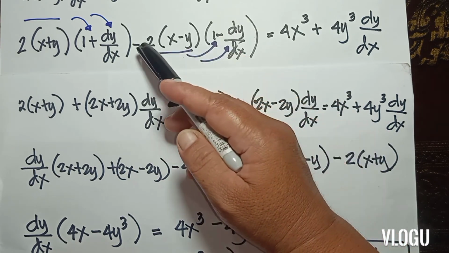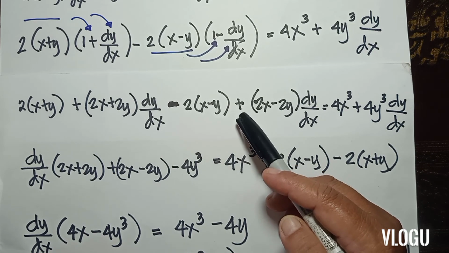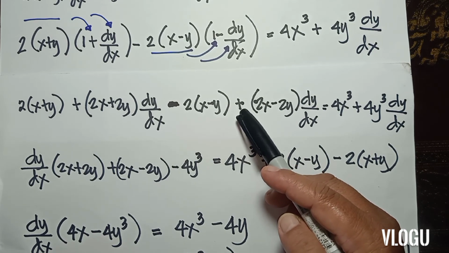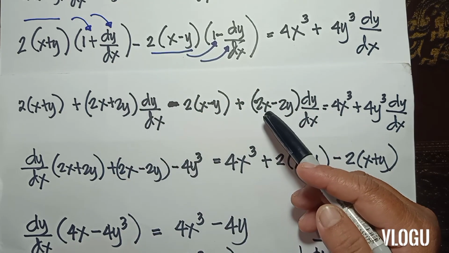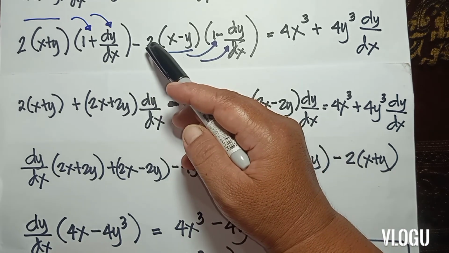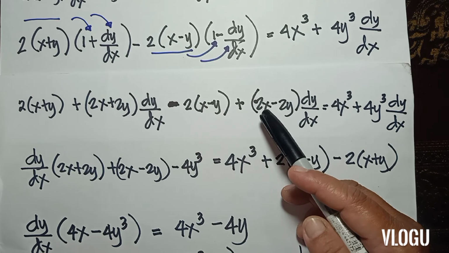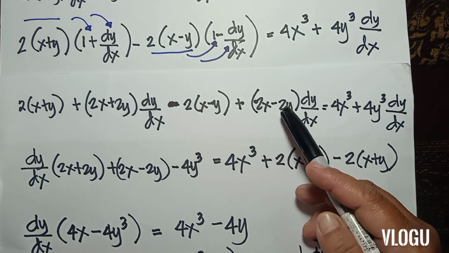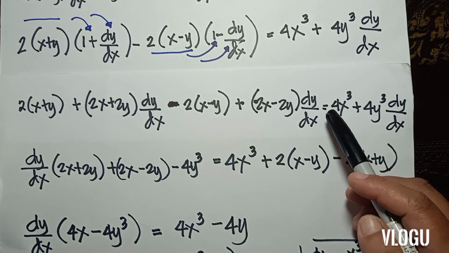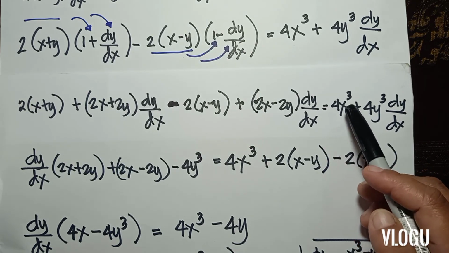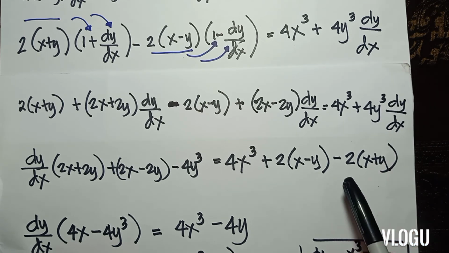So that is negative, negative, so that's the reason we have positive. So you will have plus 2 times x, 2 times negative y. So that's the reason you will have 2x minus 2y times dy/dx, that is equal to 4x cubed plus 4y cubed dy/dx.